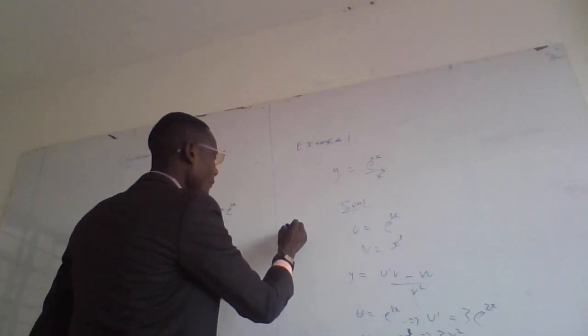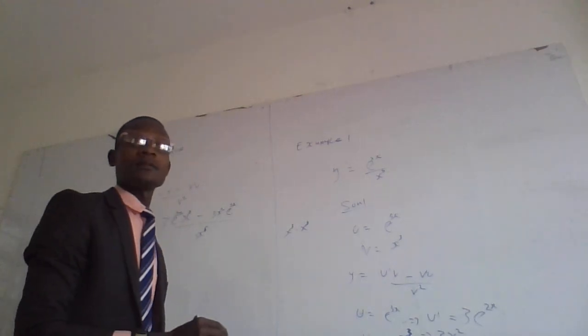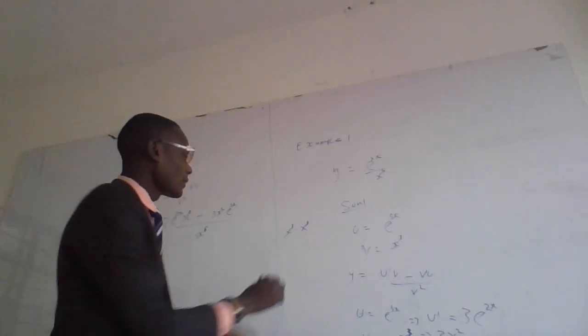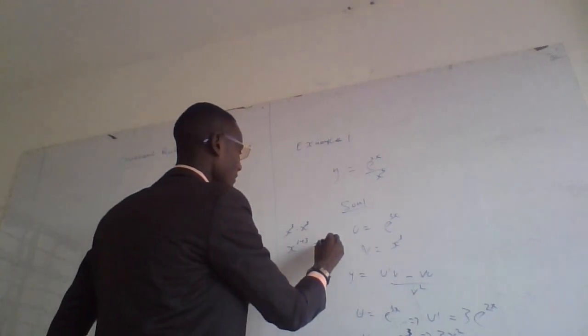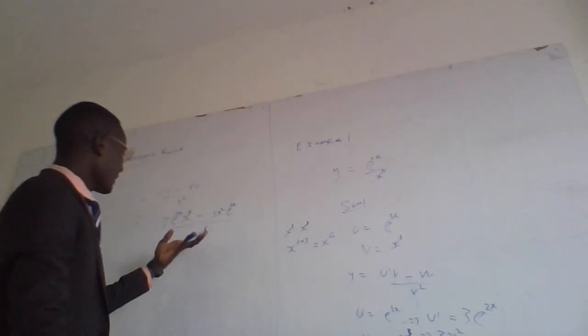X power 3 squared is like x power 3 times x power 3. When you do this, you invoke the product rule, so it will be x to the 3 plus 3, that's x power 6.